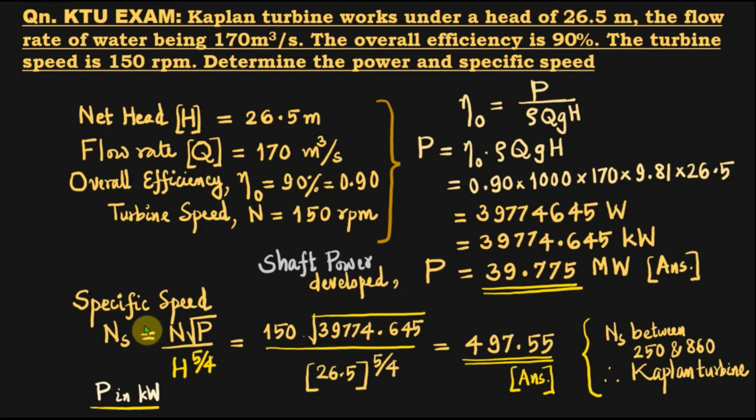Specific speed is given by n_s is equal to N root of P divided by H raised to 5 by 4.